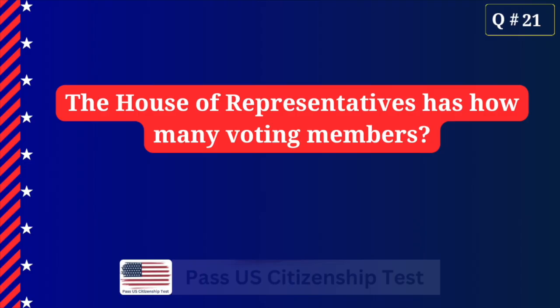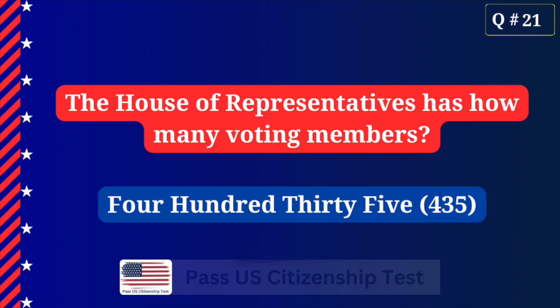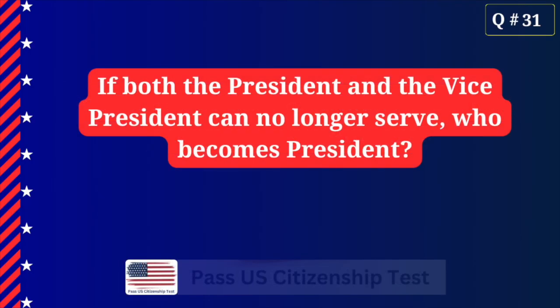The House of Representatives has how many voting members? 435. If both the president and the vice president can no longer serve, who becomes president?